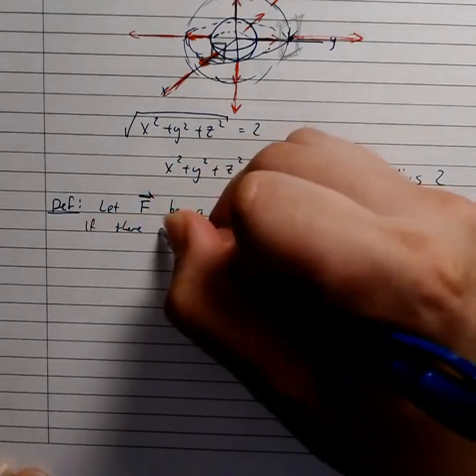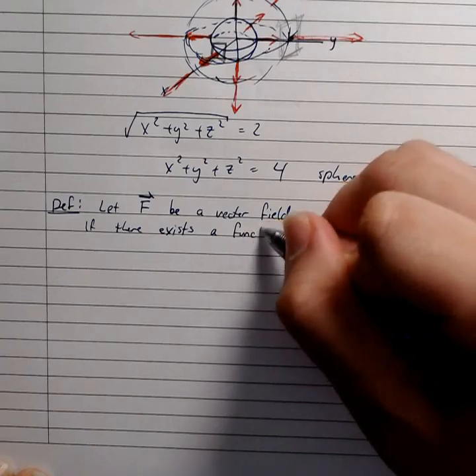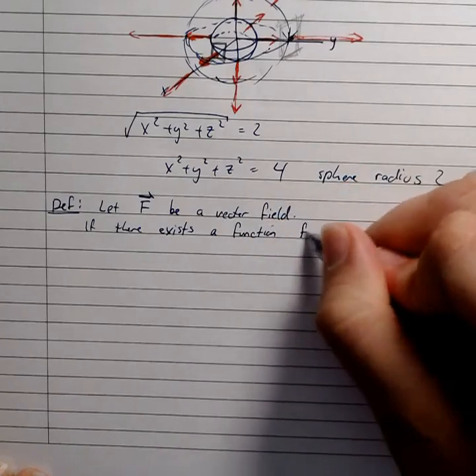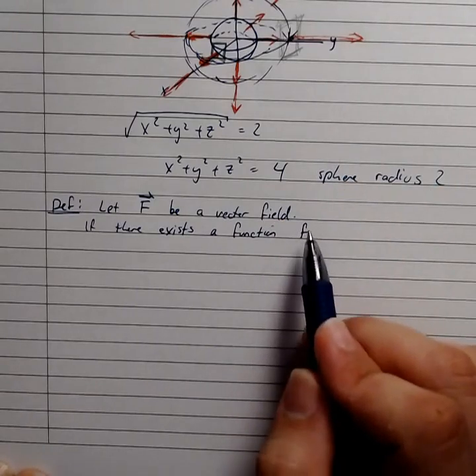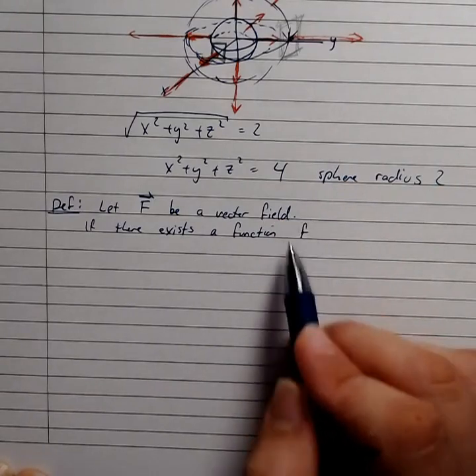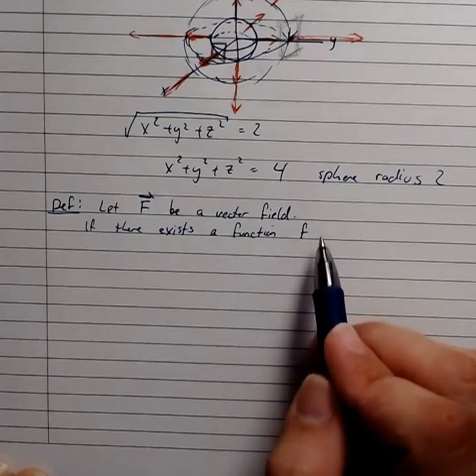If there exists a function, little f, this is not a vector field. This is just a regular function. Probably it's a multivariable function, but it's just a regular function the way we're used to. All right, f of x or f of xy or f of xyz.